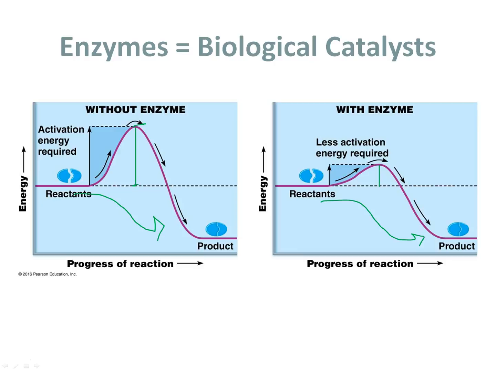This means it's easier for this reaction to proceed. So at the end of this lecture on chemistry, we'll talk about some of our organic molecules, including proteins. Proteins are enzymes. So some proteins function as enzymes. So those enzymes lower the activation energy and make it easier for a reaction to proceed.